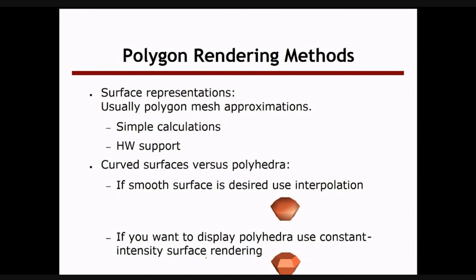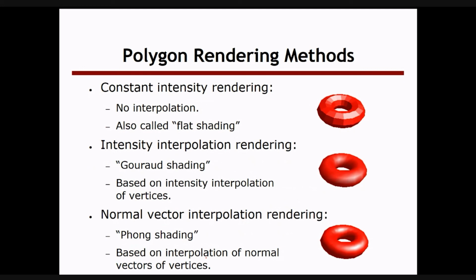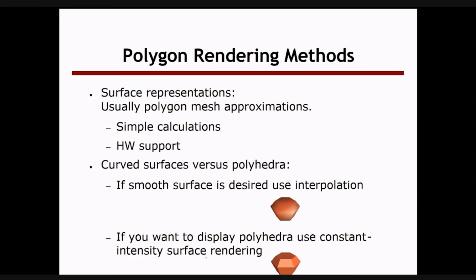So next is polygon rendering methods, starting with surface representation. Now we are moving towards something known as polygon rendering. It is a very important part of this particular topic.